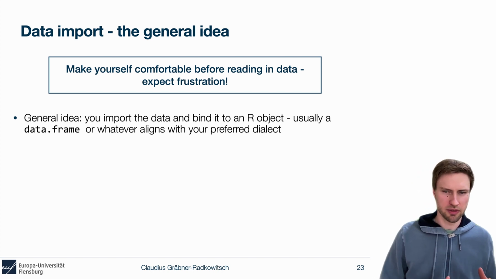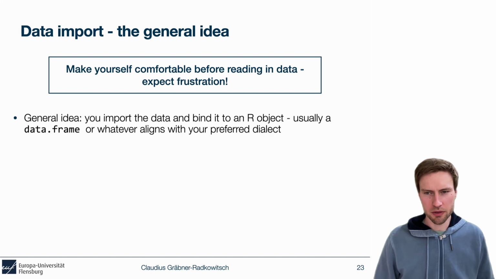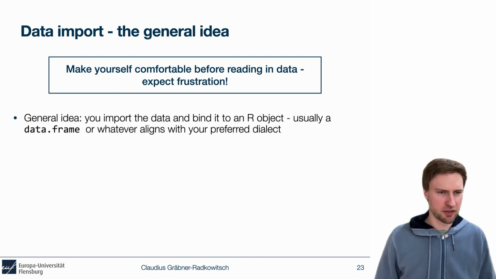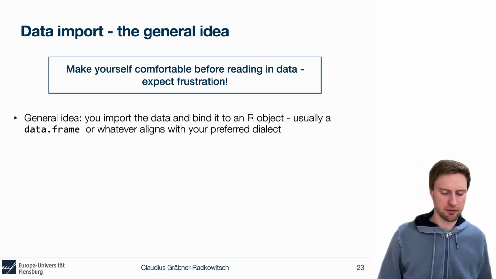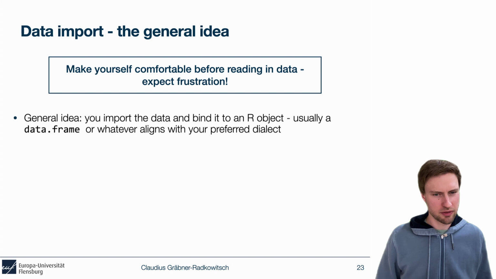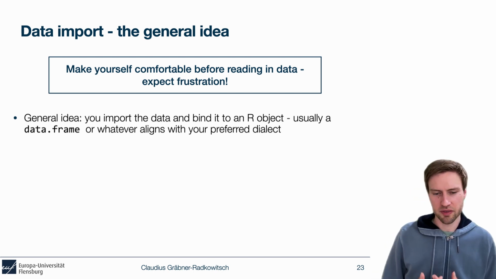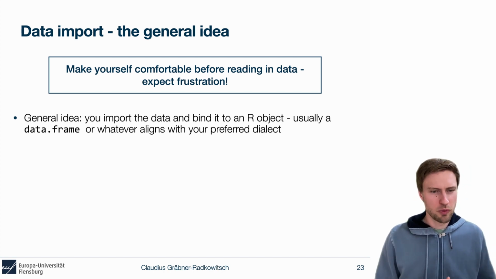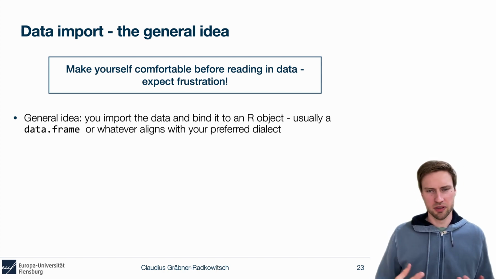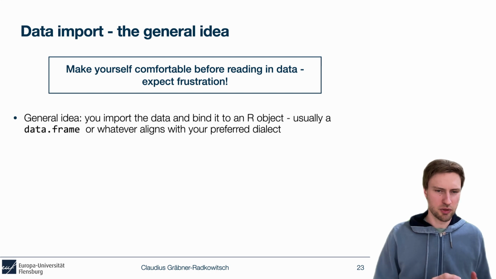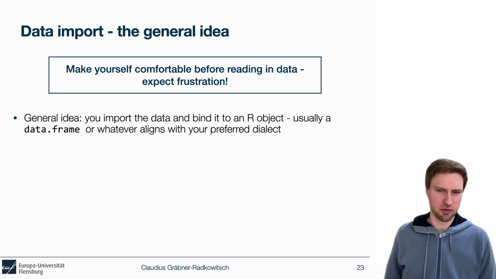Then you should also think of a name and bind it to this object. Usually the object is a data frame or whatever aligns with your preferred dialect. In our case, we use the function fread from the data.table package, which by default returns a data table. Since we mostly work with the tidyverse functions, so we use a tidyverse dialect, we immediately transformed this data table into a tibble.